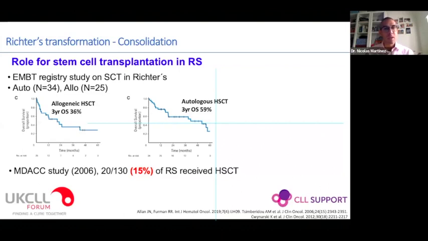There's another study from MD Anderson, published in 2006, that showed that only 15% of the Richter's patients received any sort of consolidation. So this is something that might be useful, but this MD Anderson study just tells you that it's reserved for a very small minority of patients.